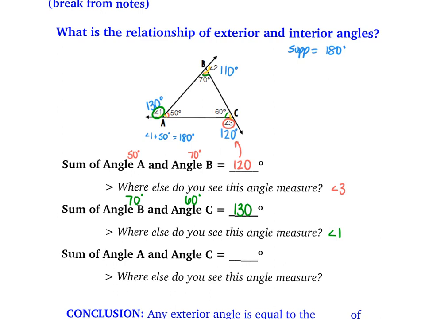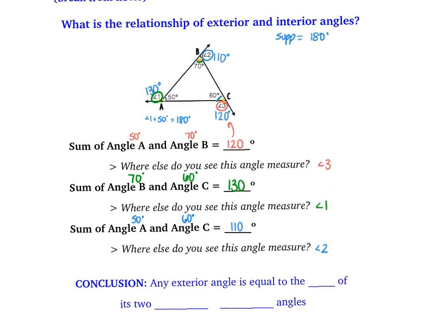And then finally, a final example here, angle A, 50 degrees, angle C, 60 degrees. Together, those have a sum of 110 degrees, which is here at angle 2. So again, this exterior angle, angle 2, is equal to the two remote interior angles added together.